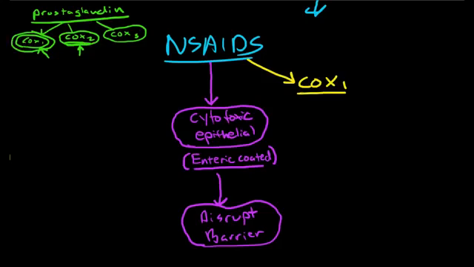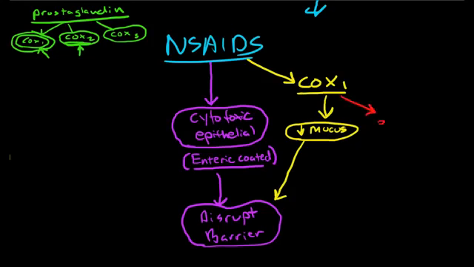But anyways, COX-1 inhibition causes decreased mucus secretion, which disrupts the barrier. It also causes decreased blood flow to the epithelial cells.